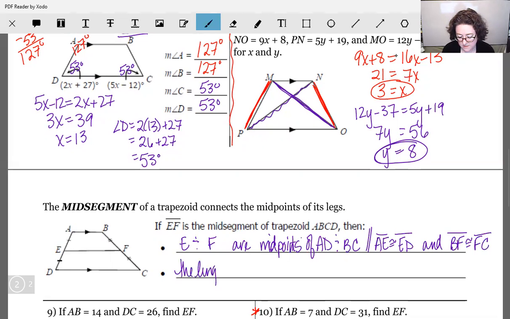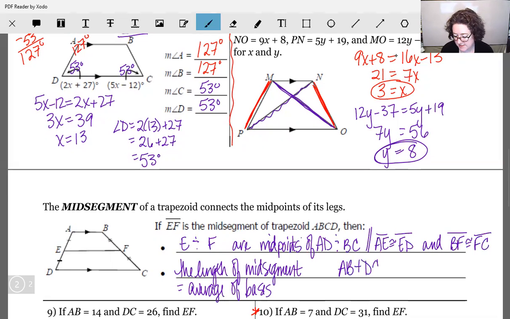The length of the mid-segment equals the average of the bases. So in other words, we could set up the formula, the length AB plus the length DC divided by 2 is going to equal the length of EF. And we would just plug the information we need into that formula.